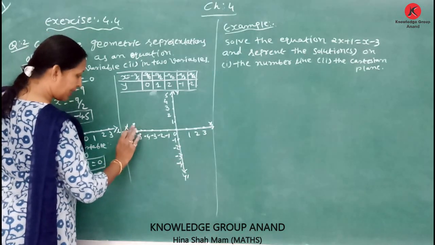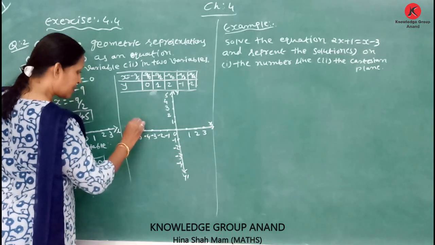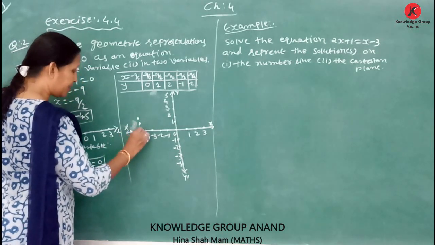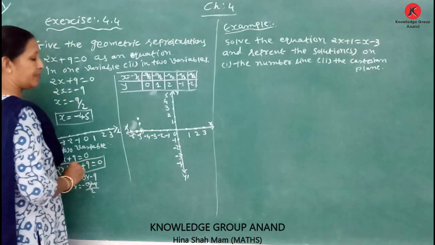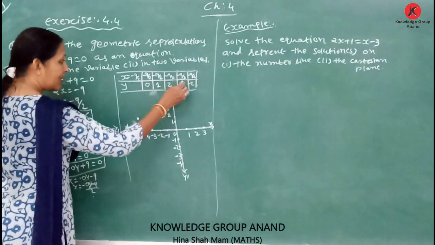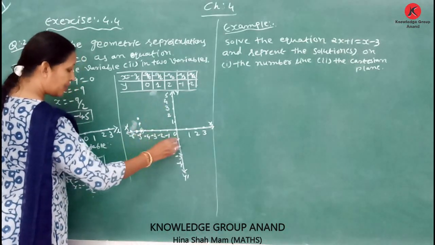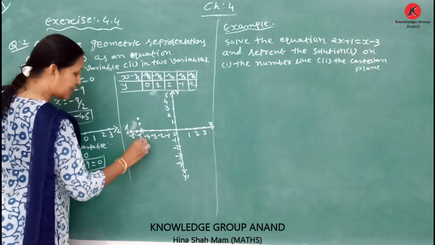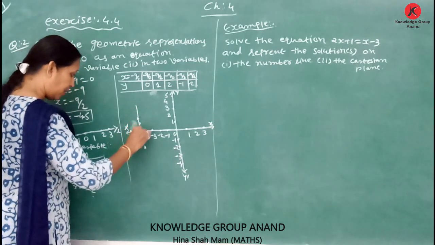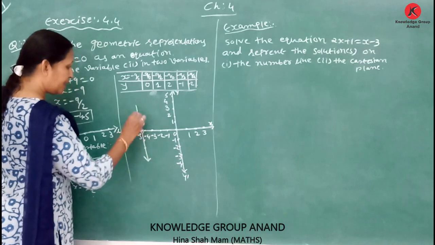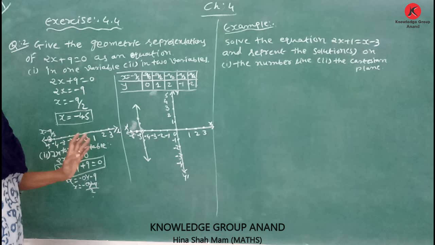Then x equals minus 9 by 2, y equals minus 1, it is here. Then join all the points by ruler. It is parallel to the y-axis, on the left side.